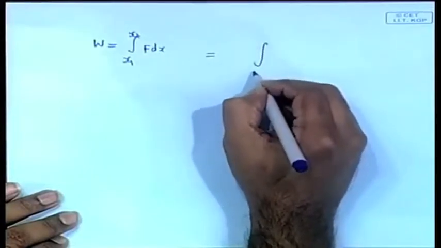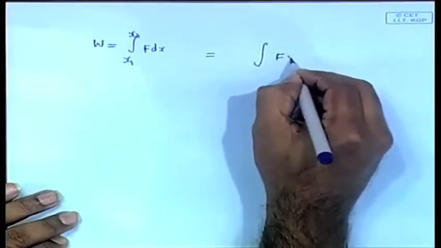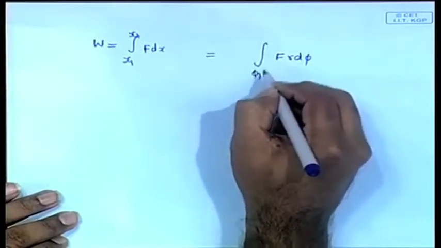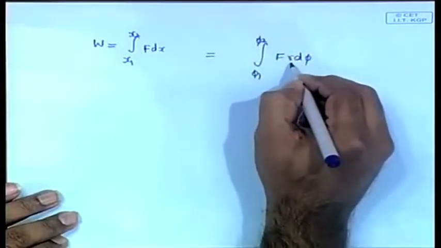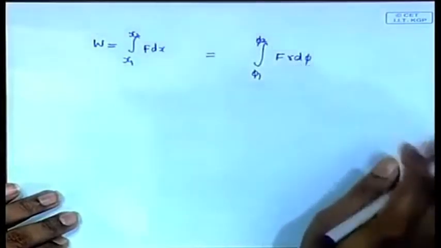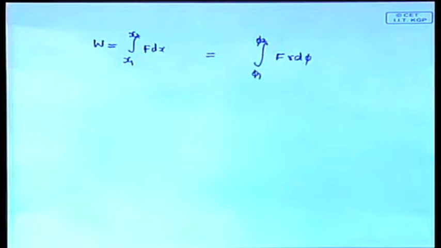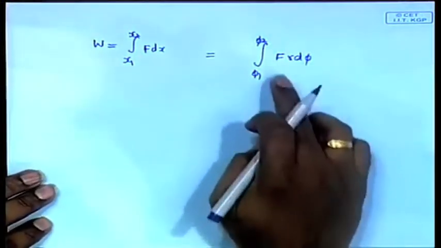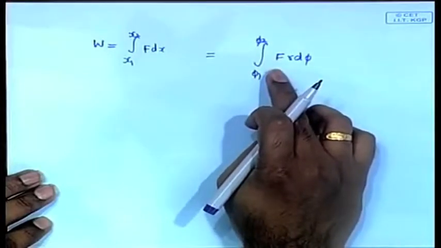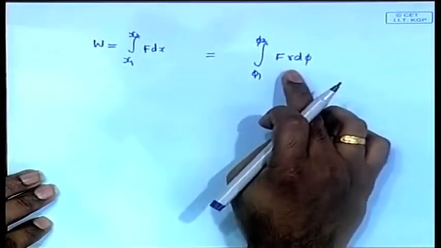Then I write it as f into r d phi, going between phi 1 and phi 2. The arc distance is always given by r d phi. It is a curved distance that it moves. So from phi 1 to phi 2, if it rotates, it moves a distance of r d phi under some force f.